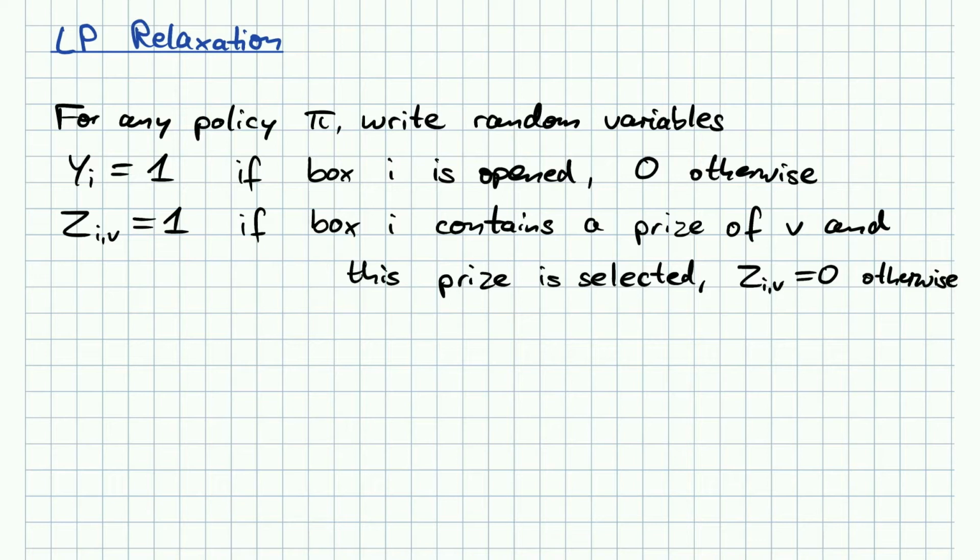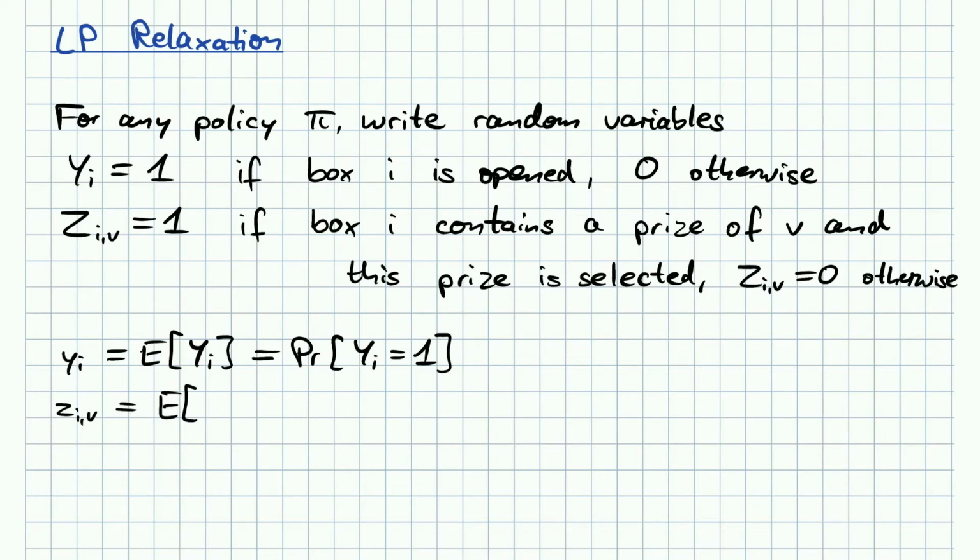And now we can also define small y_i as the expectation of capital Y_i, which is nothing but the probability that capital Y_i is 1, and also small z_{i,v} as the expectation of capital Z_{i,v}, which is nothing but the probability that Z_{i,v} is 1.